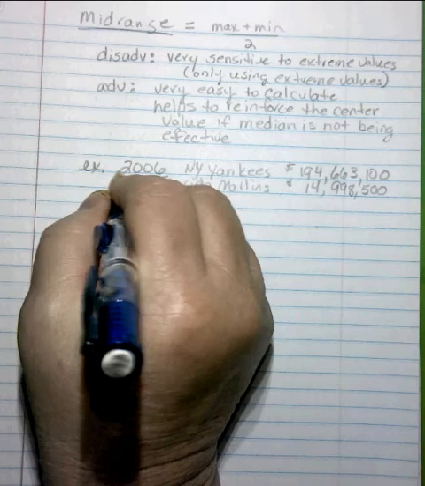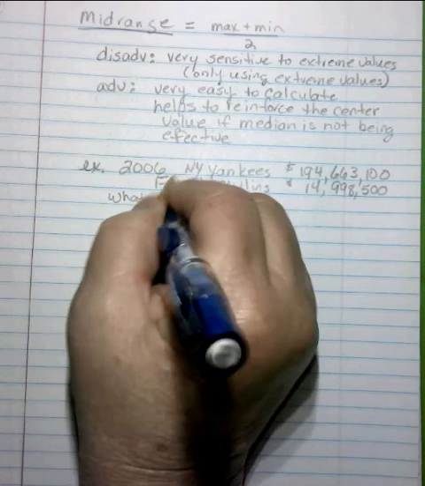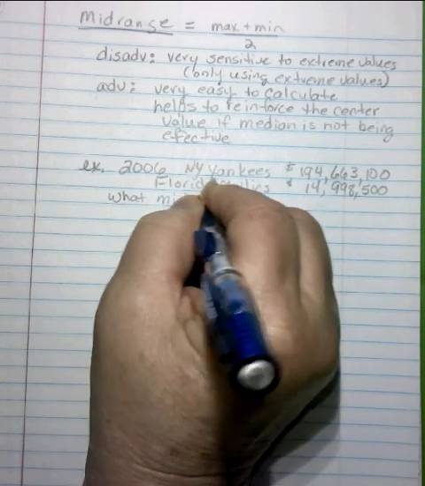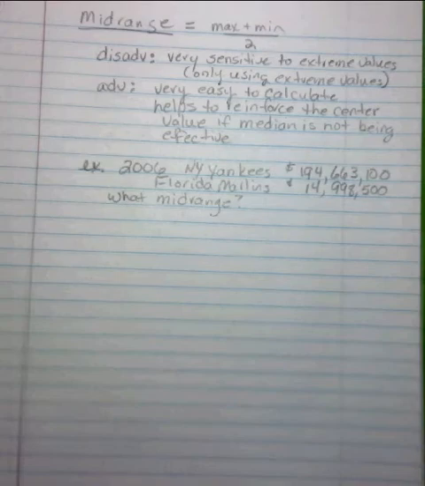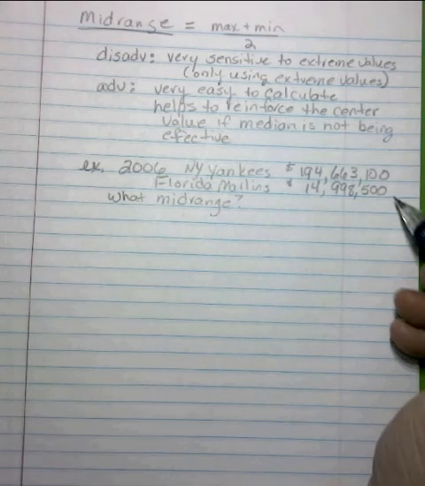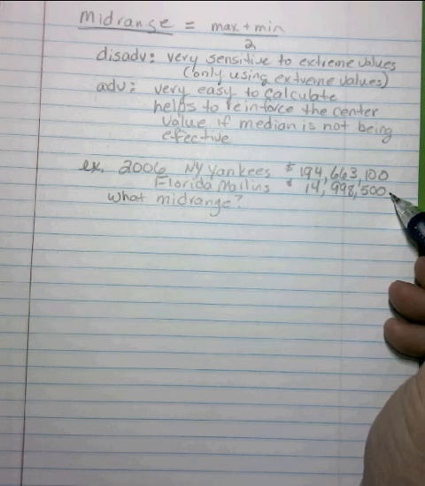So we want to find the mid-range for the league. In order to do it, we would take the highest plus the lowest and divide it by 2.